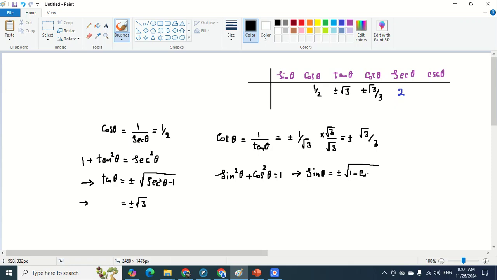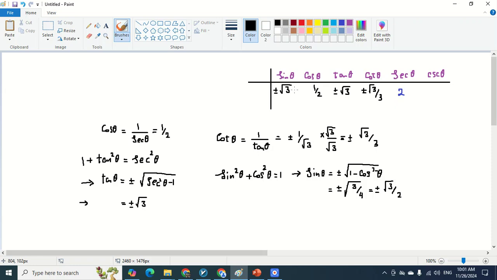If you substitute the value of cosine square, which is equal to 1 over 4, then we have plus and minus the square root of 3 over 4, because 1 minus 1 over 4 is 3 over 4. So the result is plus and minus roots of 3 over 2. So you can put that value in the blank place for the sine of theta.